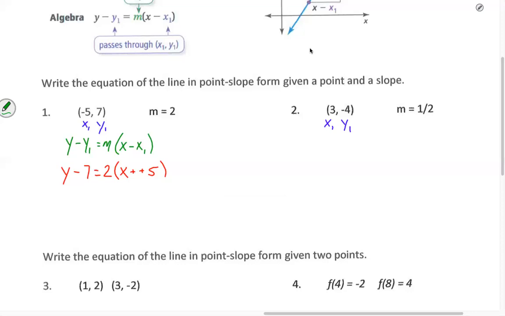What's step number 2? Write the equation. So I'm going to write y minus y1 equals m times x minus x1. And what's my last step?